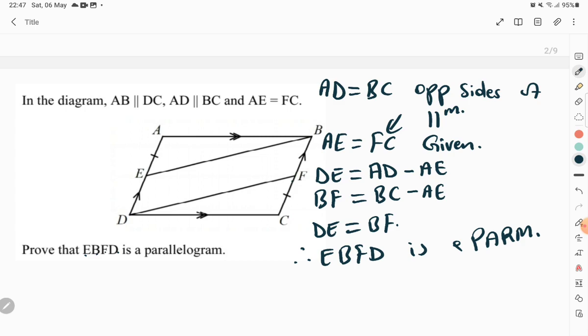And the reason for that is that one pair of opposite sides are equal and parallel.